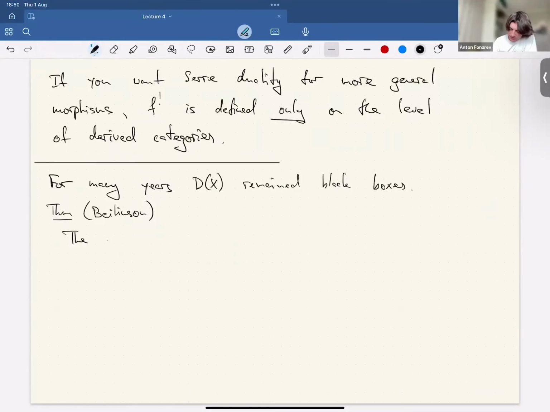The derived category of coherent sheaves on a projective space P^n can be very easily described.